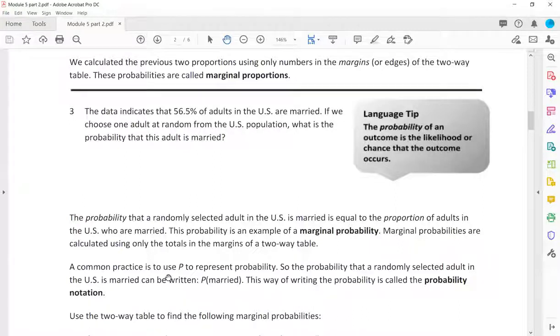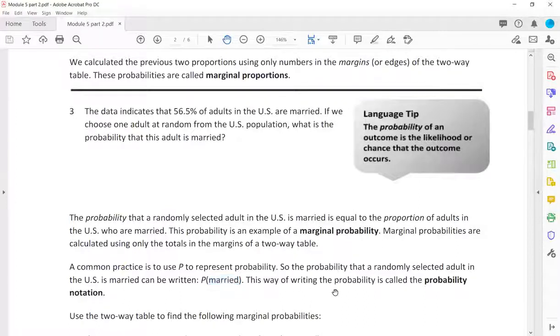A common practice is to use P representing probability. So the probability that a randomly selected adult in the United States is married can be written as P of married. So the probability of the event that a randomly selected person is married is equivalent to finding the proportion of married adults in the United States.